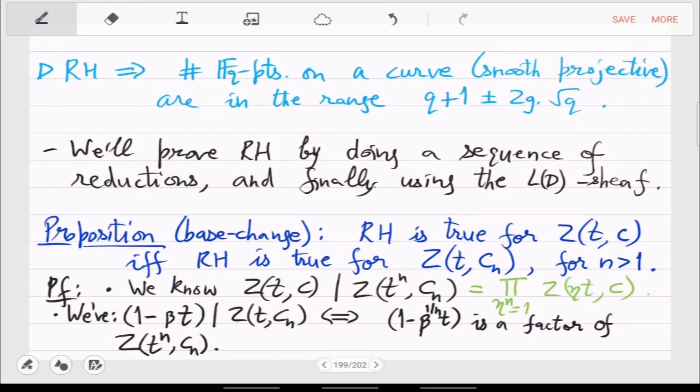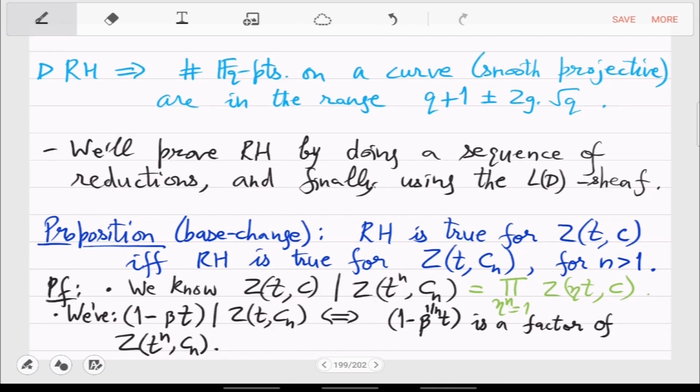Correct. So that is not good. Raised to power n, right? Because of this Riemann hypothesis. Oh, yeah, that's the trick. Yeah, you're right. Okay. Yeah, that's a good point.